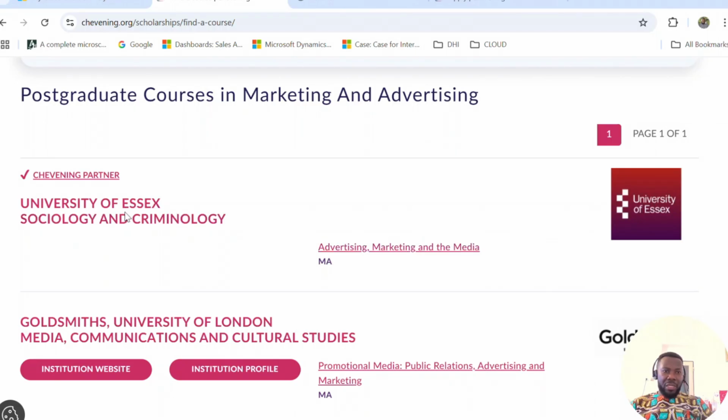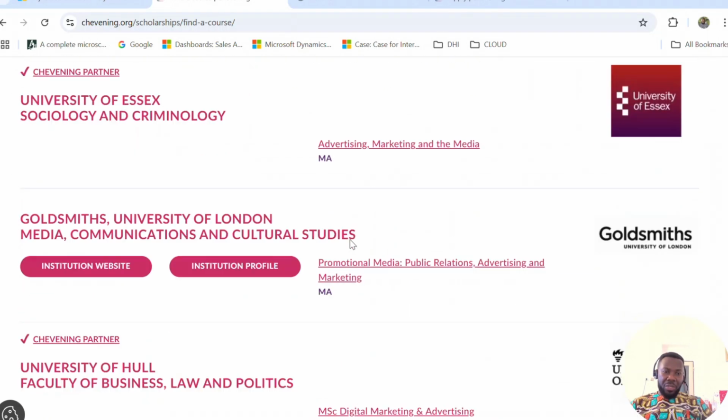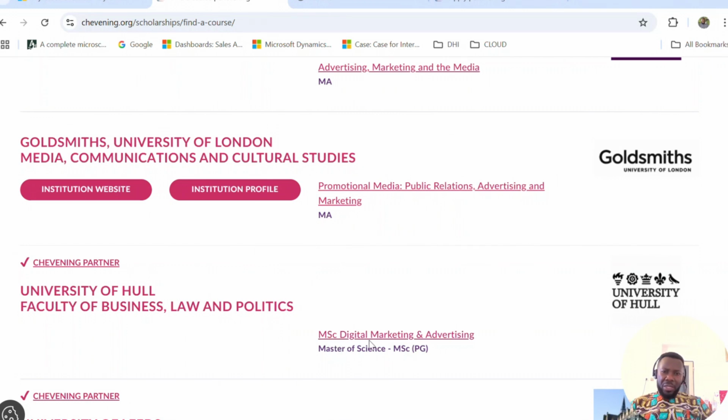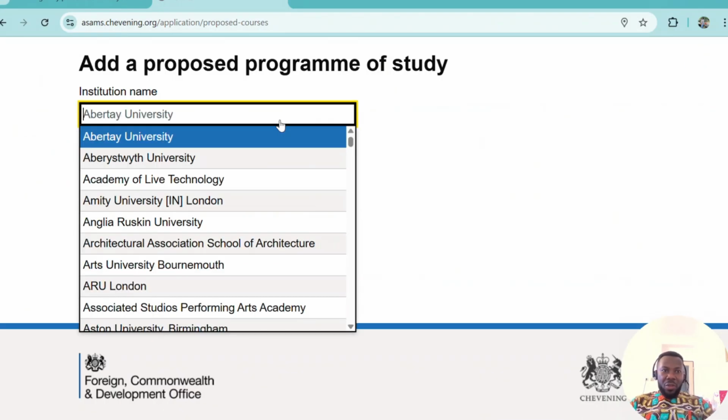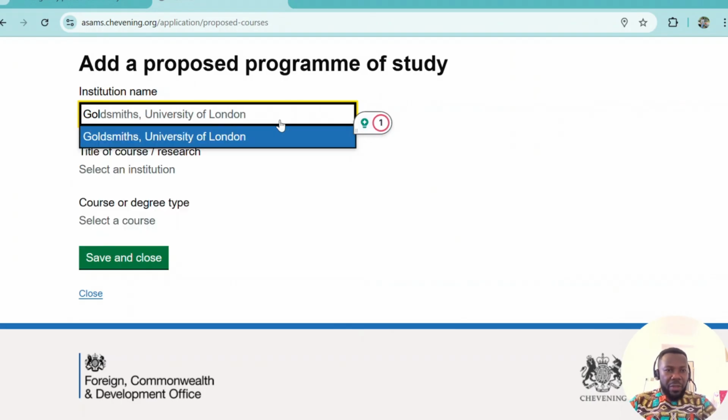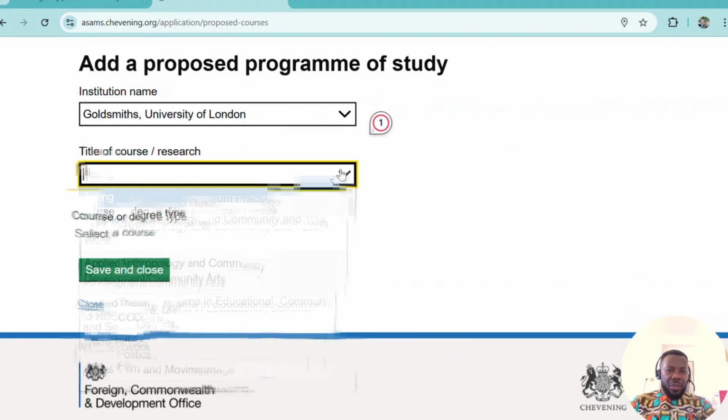So this is by University of Essex. Let me see the one by the University of Hull. MSc Digital Marketing and Advertising. Goldsmiths, University of London. Promotional media, public relations, advertising, and marketing. Seems like okay. Let me go for the Goldsmiths and see. Let's go back here. Goldsmiths. Yes.